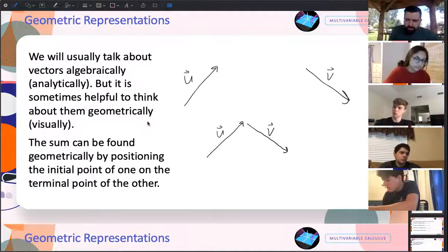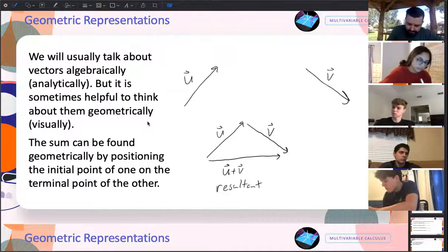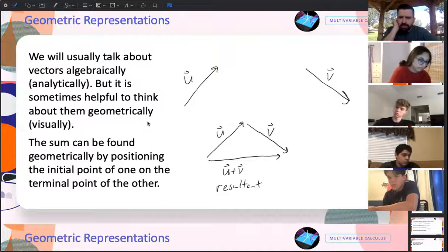If we do it geometrically, you put them head to tail, and the third side is then u plus v. It's called the resultant. All you do to add geometrically is put them head to tail. You get the same thing as what we just saw analytically: just adding the components together, you'll get that same vector.